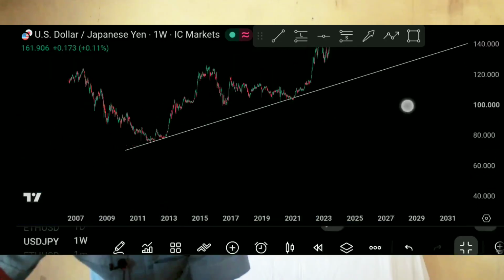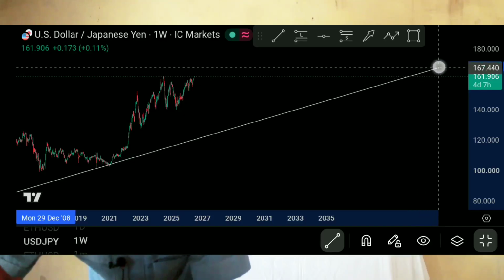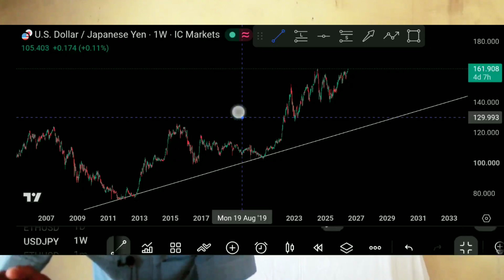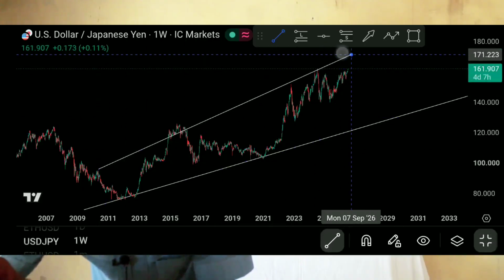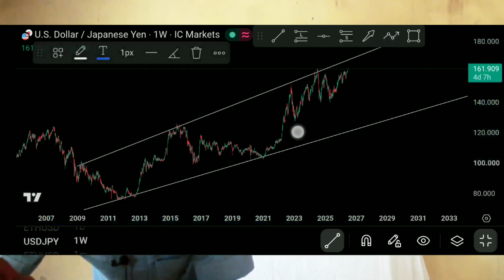Can you see I'm marking out the trend for this 1 week? That is the support, and this is the resistance. Support is the one that is down, while resistance is the one that is up.